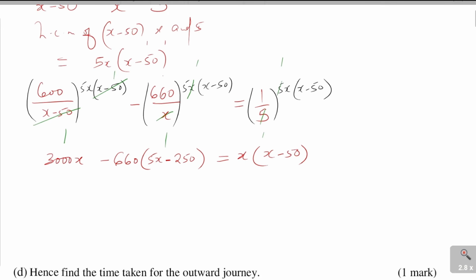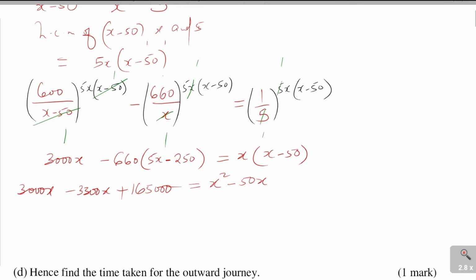So from here, you can simplify. This will be 3000x subtract, so you multiply these. 660 multiplied by 5 is 300, then plus 660 multiplied by 250, and that will be positive 165,000, is equal to x squared, subtract 50x.